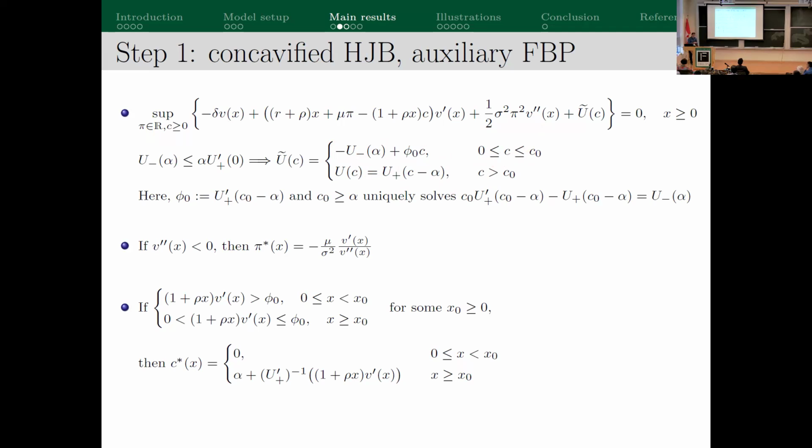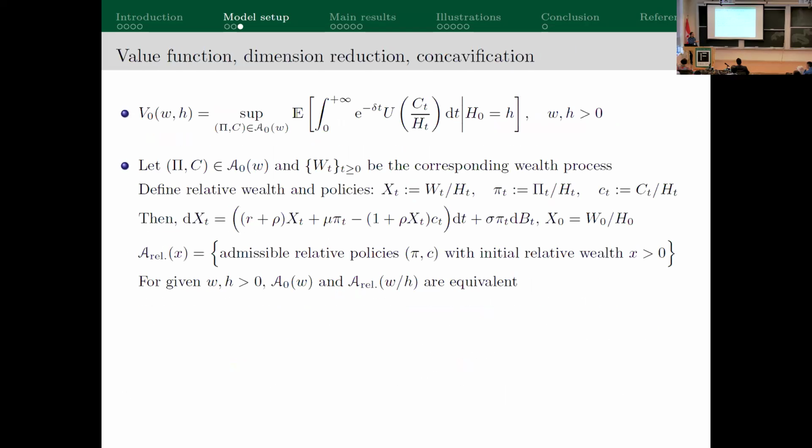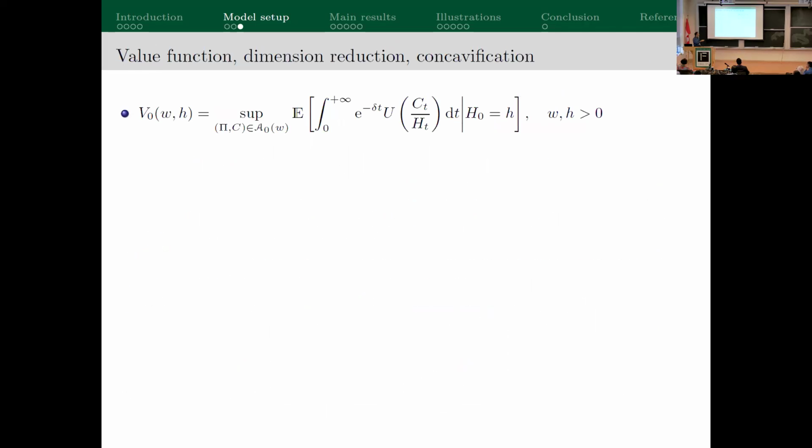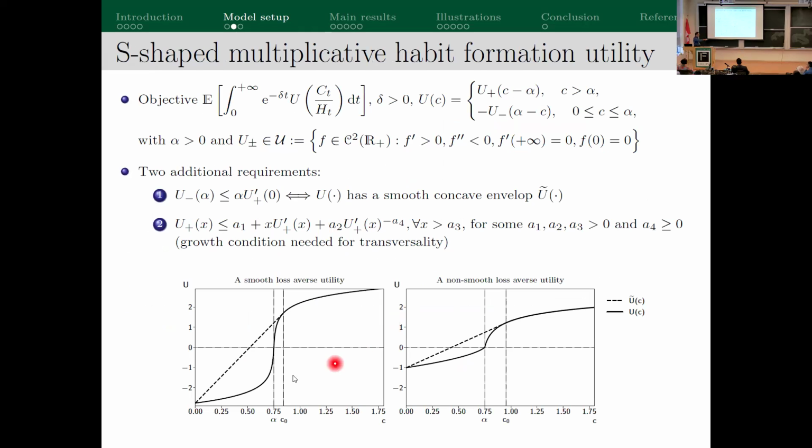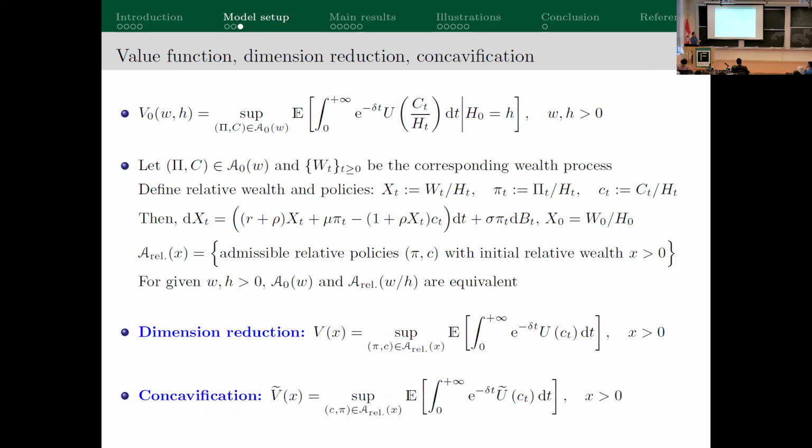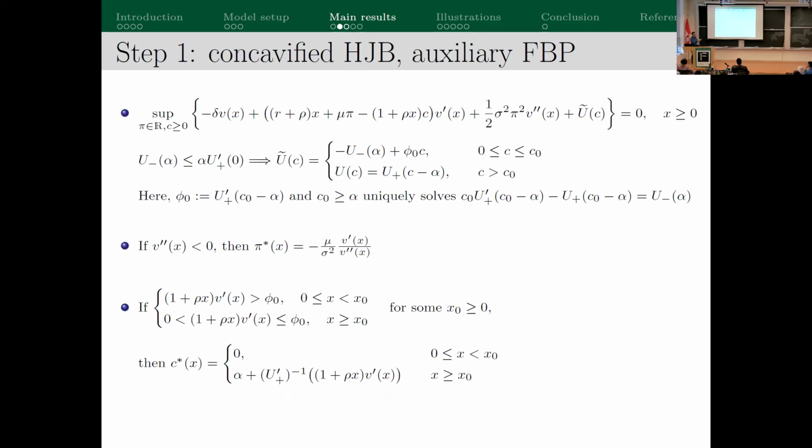If I go a few slides back, essentially C star is the point where you get your tangent, and phi star is the derivative of the utility function here. Okay, so technically, once you choose your U minus and U plus, you already know what these constants are, which are going to show up later. So phi 0 and C0 are already known from now.